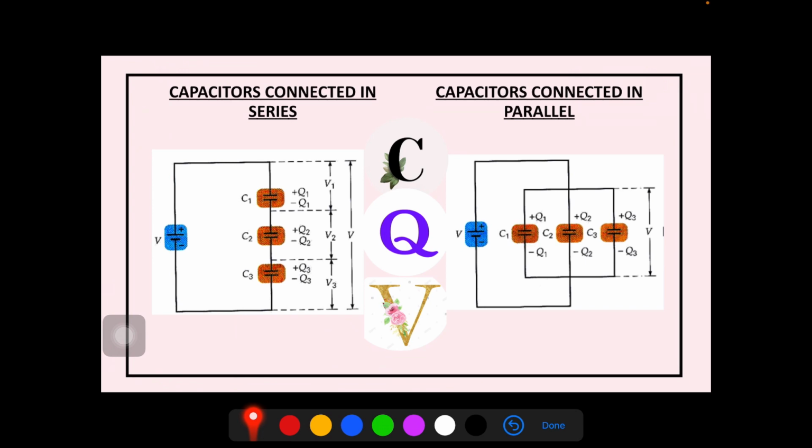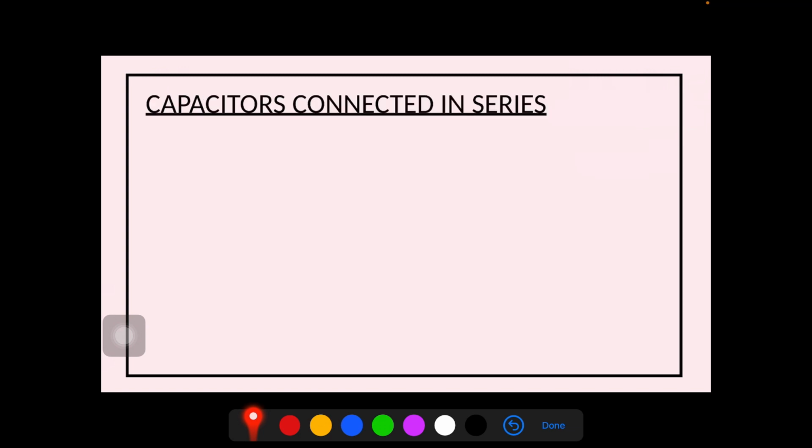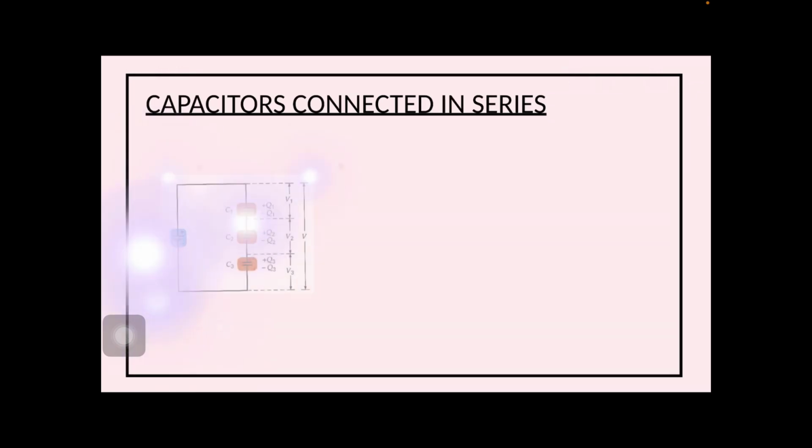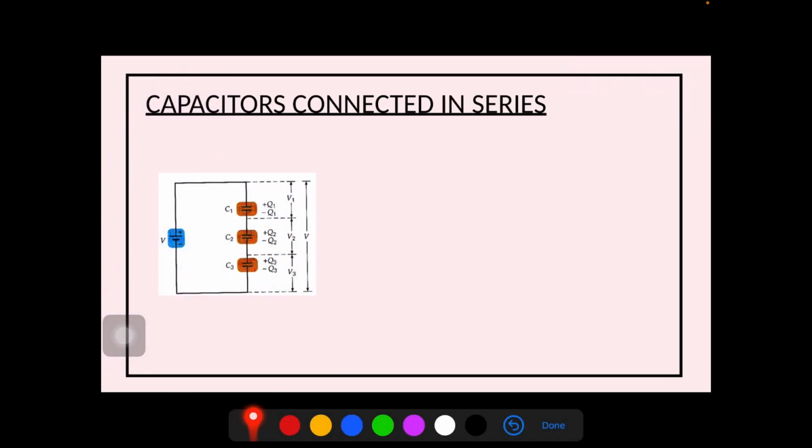Okay, so now we will look at the combination of capacitors in series. We have 3 capacitors and 1 voltage source, C1, C2 and C3. We can simplify this circuit to a simpler circuit.